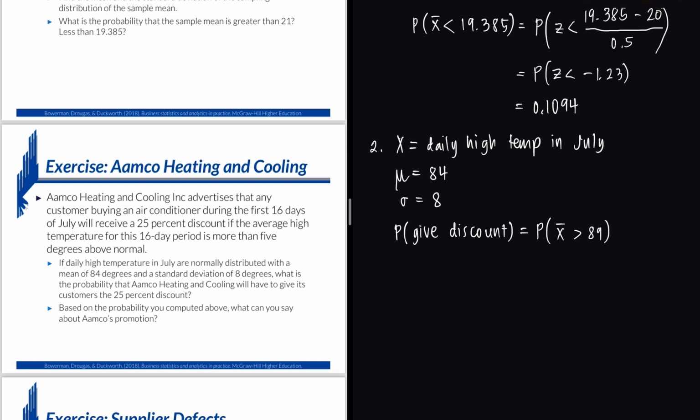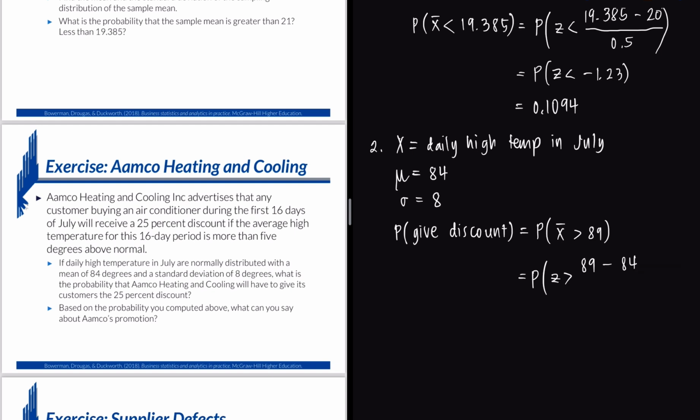And therefore, x bars can be converted to z. Now, to solve for this probability, again, we just convert this first to z. And that should be 89 minus mu sub x bar, which is again equal to the mean of the population, which is equal to 84.